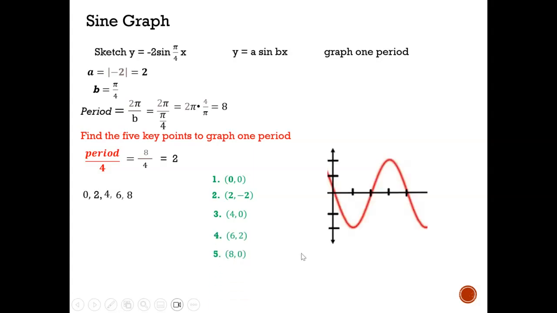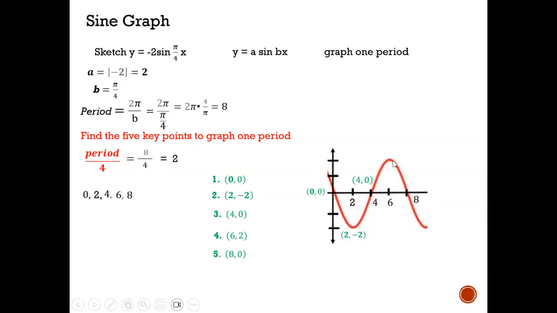So these are my points. Now this is my graph. You notice, guys, the amplitude is 2, and down 2. My first point is at 0, and then 2, and then 4, and then 6, and then 8. So at 0 is going to be 0. That's my first point. My second point at 2 is going to be negative 2. My third point will be 4, 0.